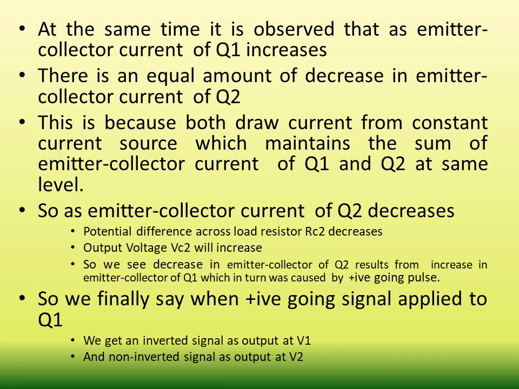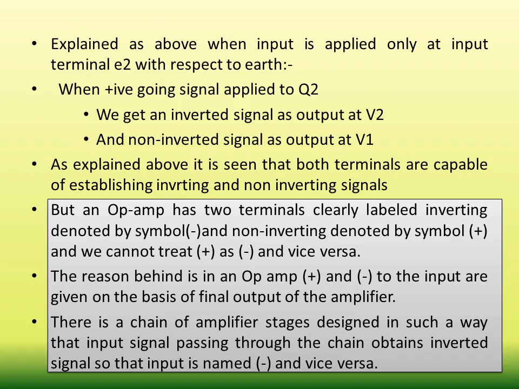In the same manner, we can discuss the second mode of application of the input. The second mode of application is when the input is applied at the terminal E2 with respect to ground.